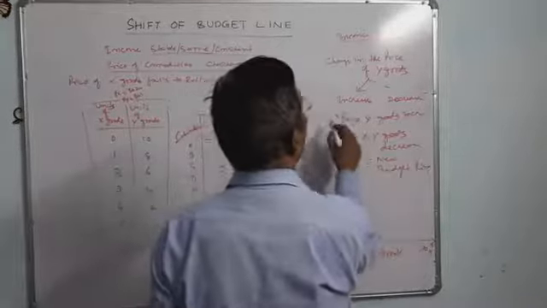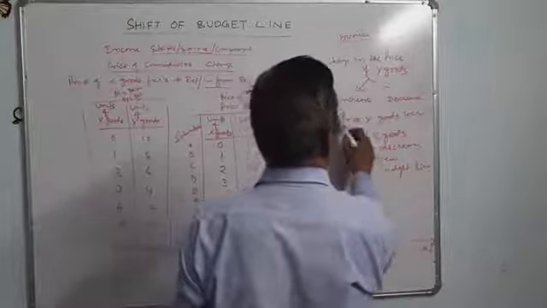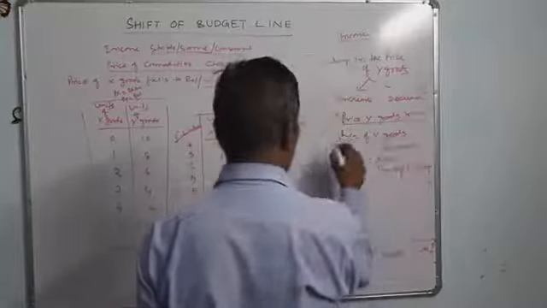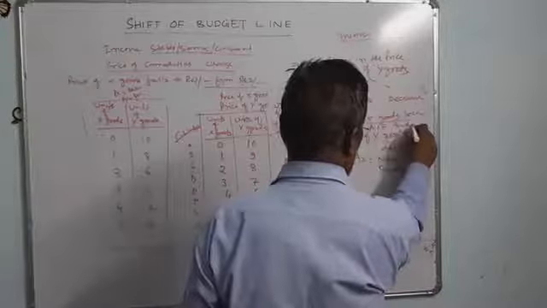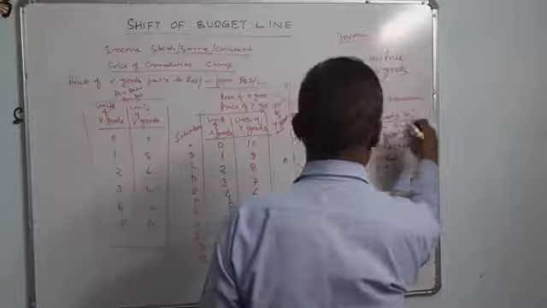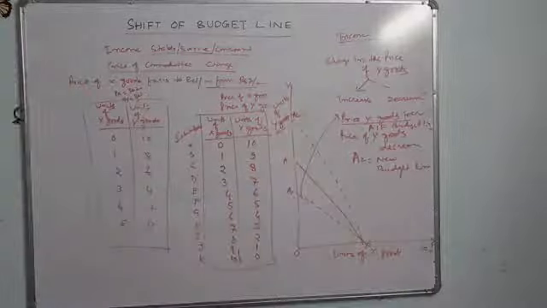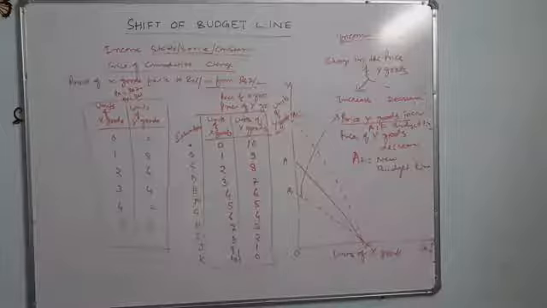When the price of Y goods increases, A1F is the budget line. So these are the changes of the price of goods and income of a consumer.